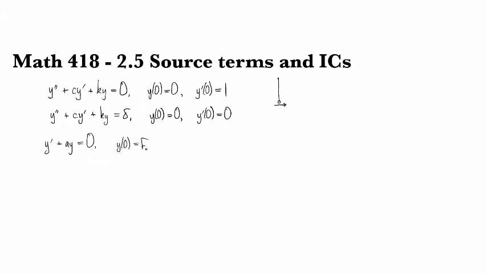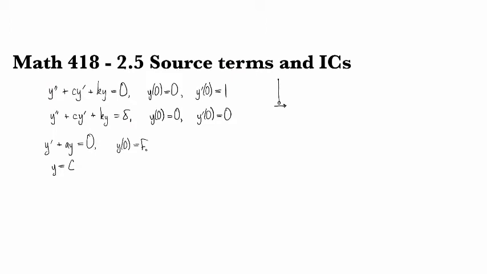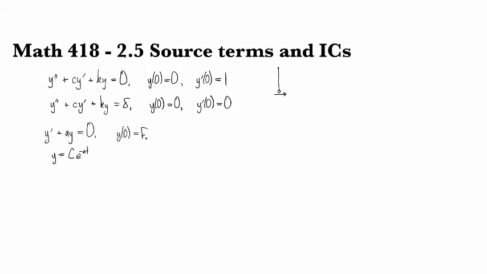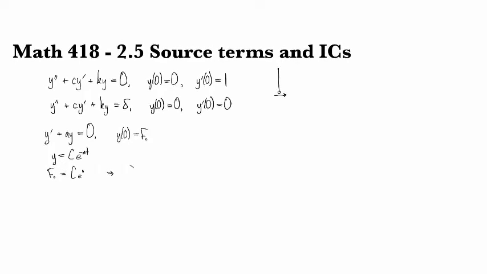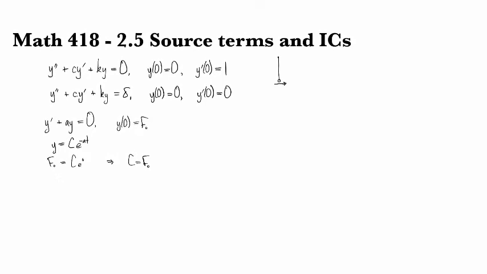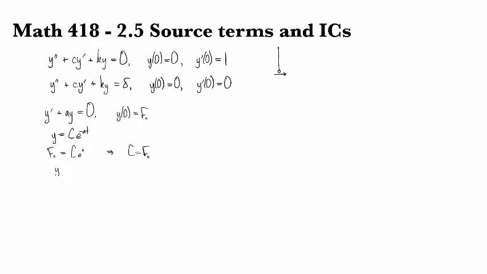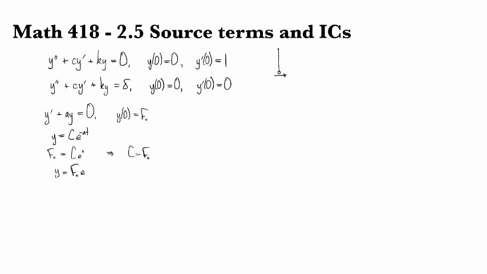You solve this one and you find that y looks like constant times e to the minus at, and then using the initial conditions, we evaluate and get ce to the 0, so c is equal to f naught, and the solution is f naught e to the minus at.